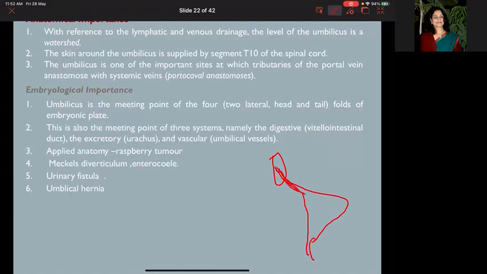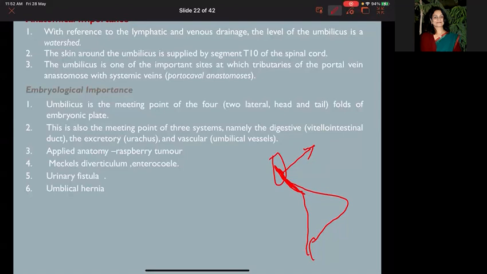If the urachus is present, which is normally replaced by the median umbilical ligament after birth, it may cause a urinary fistula.